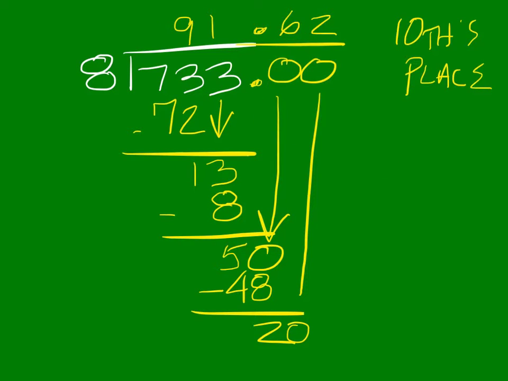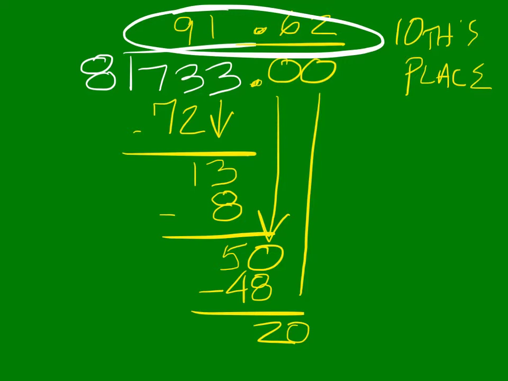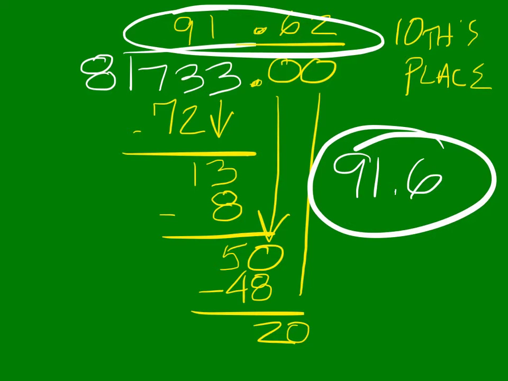This is the number we're rounding to the 10th place up here. 91.6. You drop the 2 because you're rounding to the 10th place. This was less than 5, so the 6 does not go up. It should be 91.6.